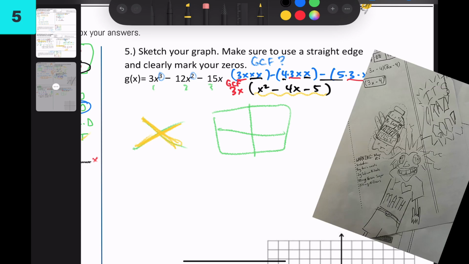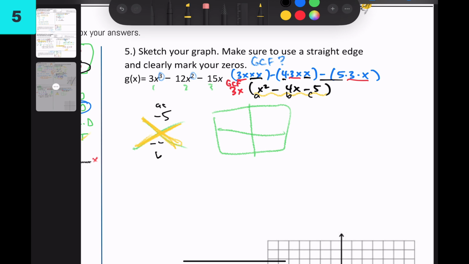So I have a times c is negative 5, right? A, b, c. A times c, b value is negative 4. My two numbers are going to be 5 and 1, and this will be negative. Remember, we're splitting this term, negative 4x, so we're going to add those here. Negative 5x, 1x.